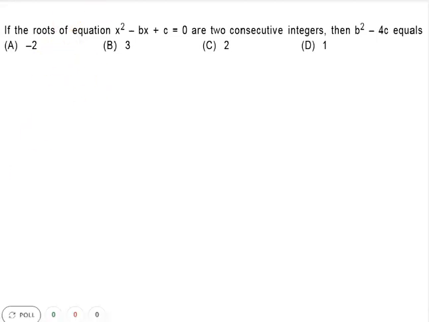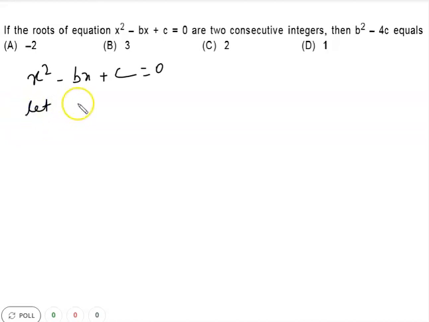So what is the equation here? x square minus bx plus c equal to 0, right? Since the two consecutive integers are roots, then we can consider, let the roots be alpha and alpha plus 1, because as we know, the difference of two consecutive terms is 1, right?